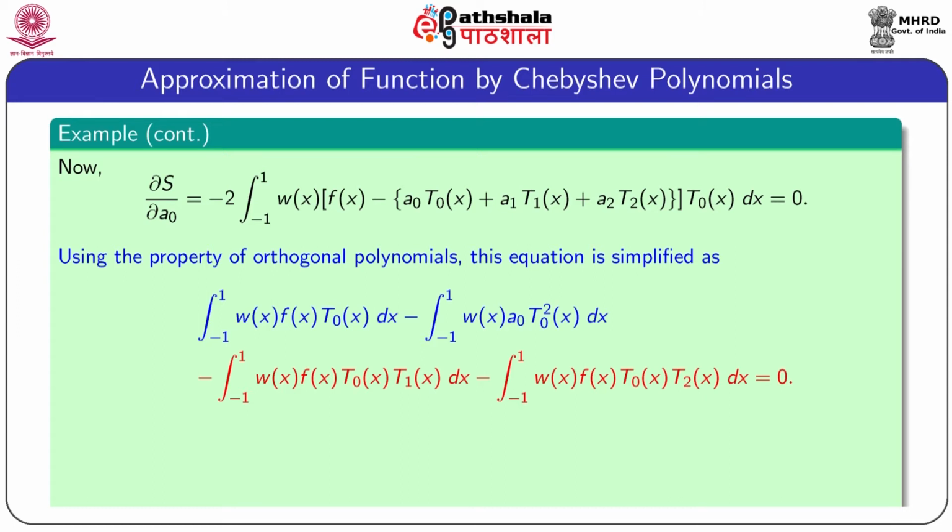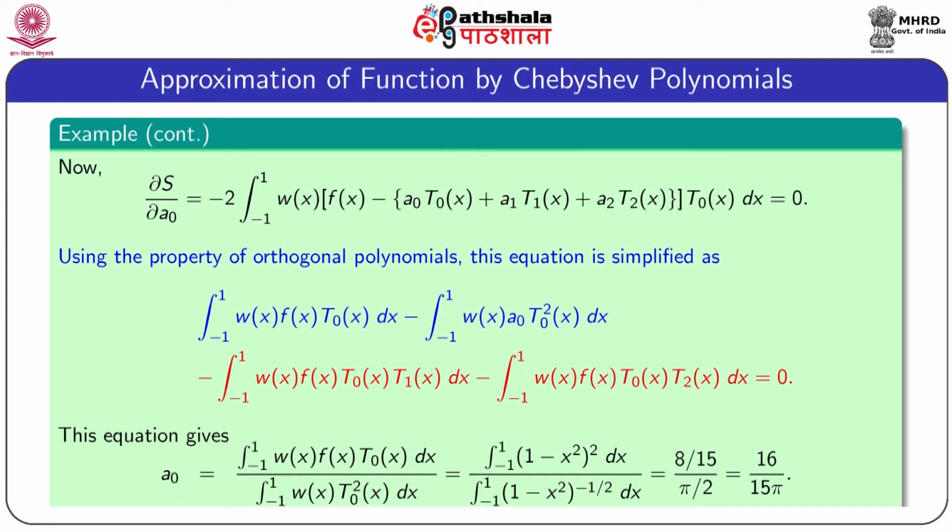The third term is integration of w(x) a1 T0(x) T1(x) dx, and the last term is integration of w(x) a2 T0(x) into T2(x) dx. But the last two terms are 0 because T0 and T1 are orthogonal, and also T0 and T2 are orthogonal. That is why they will be discarded from this equation.